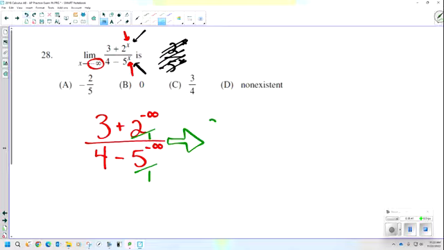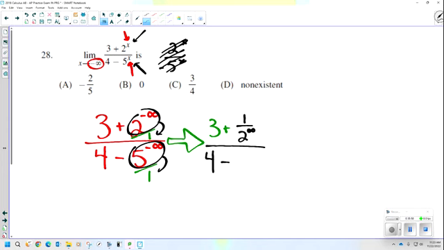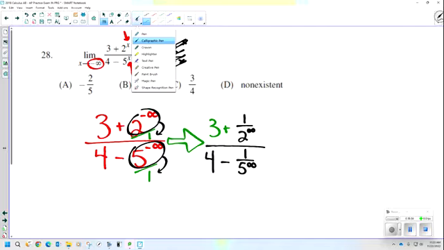So what I have is 3 plus, and now I'm going to take this and move it to the bottom of its own fraction, 1 over 2 to the infinity, all over 4 minus, and I'm going to take this and move it to the bottom of its own, 1 over 5 to the infinity. You should realize at this moment the calculus student knows he done messed up.